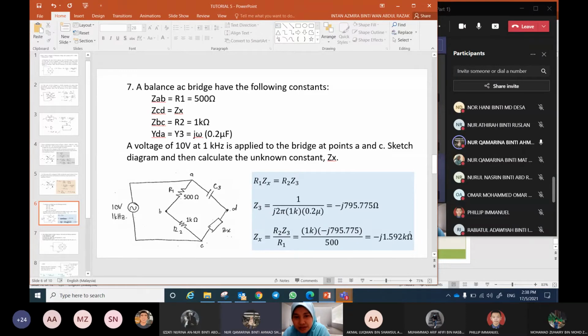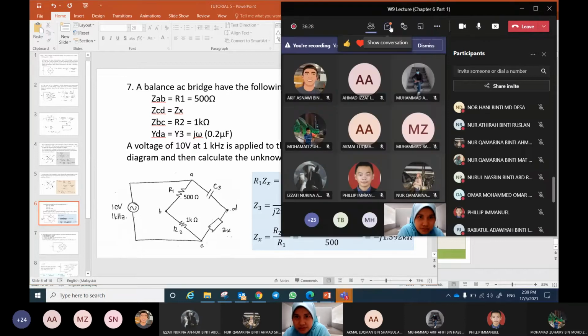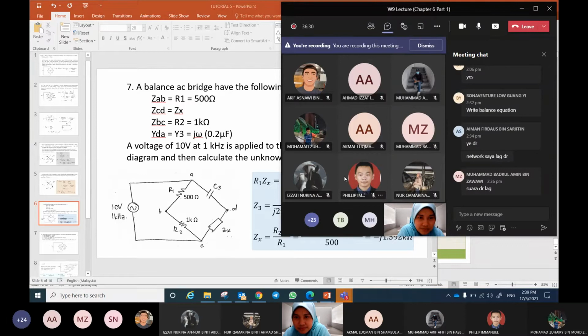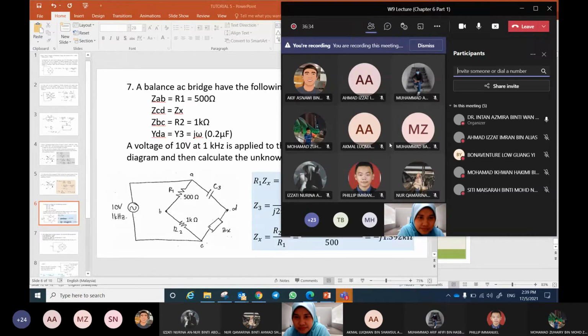Zx, okay, if you look at this number, this is the final answer for Zx. Okay, minus j1k. From this number, we know that Zx is actually a resistor, or an inductor, or a capacitor, or combination of. Who wants to try?